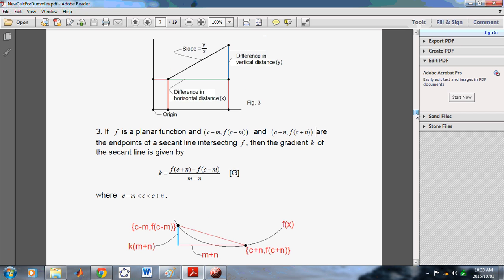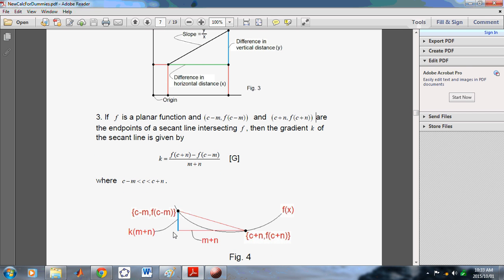And to see how that works, we look at this diagram here. Okay, I've drawn it in the opposite sense, but it doesn't really make a difference. This distance here over this distance here is equal to the slope of the secant, and hence the slope of the tangent line at a certain point c in this interval here.